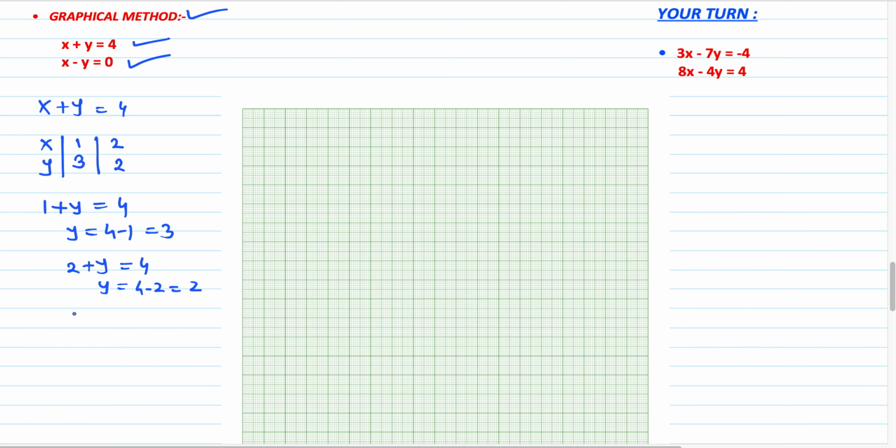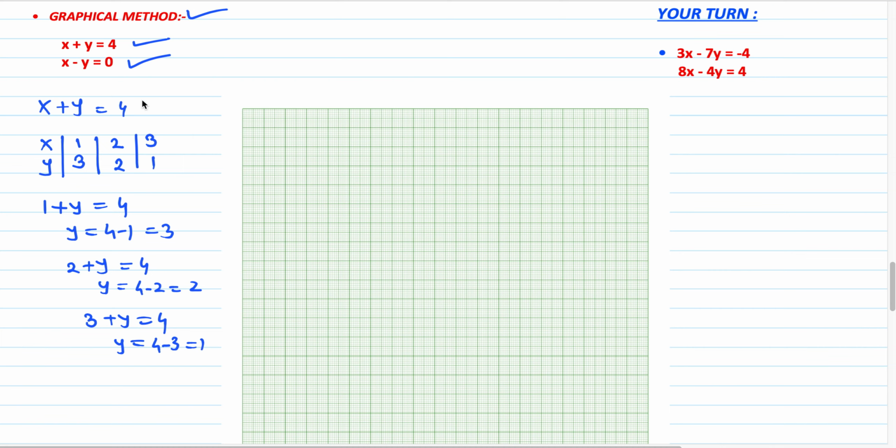Let me take one more point. If you put x as 3 in this equation, 3 plus y equals 4, y equals 4 minus 3, that is 1.